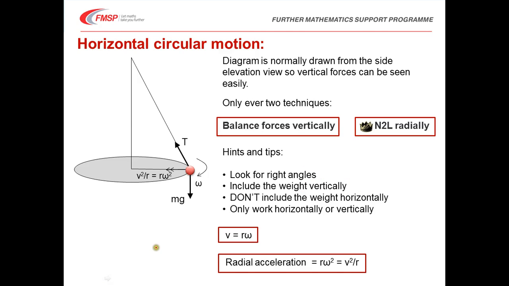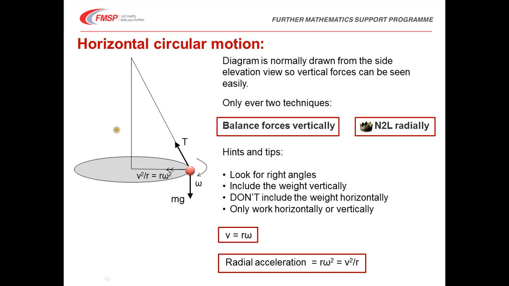Okay, so let's revise horizontal circular motion first of all. This is just a quick review of the techniques that we're going to be using. We generally have a diagram. It's quite difficult to do these questions without a good diagram, and we usually draw the diagram from the side elevation so that you can see the vertical forces acting in the system.